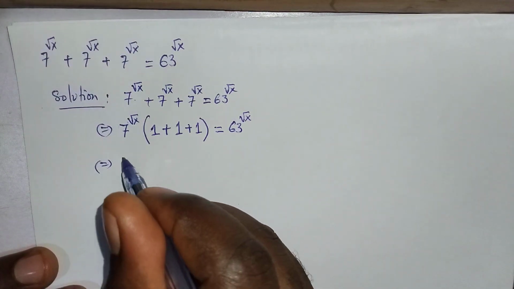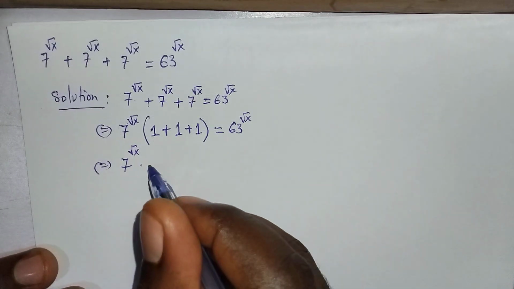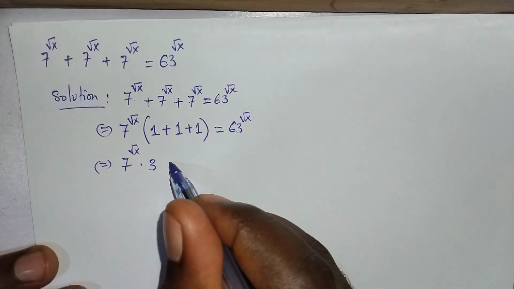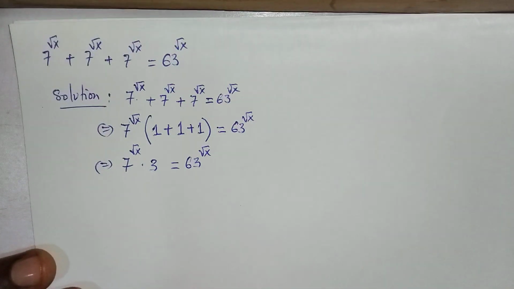So it is (7 + √x) times 3, equal to 63 + √x.